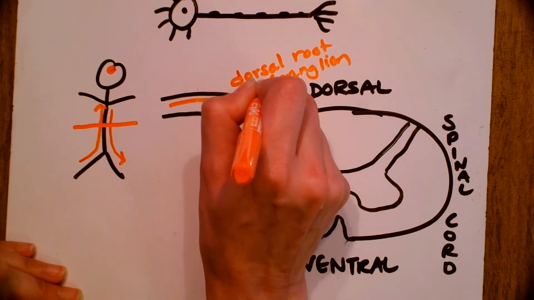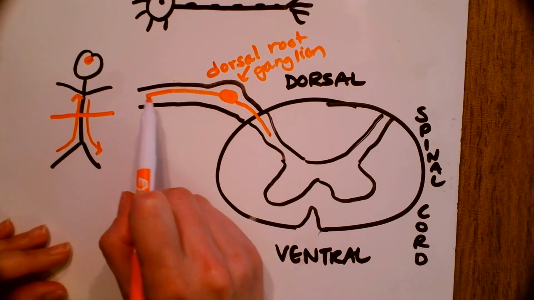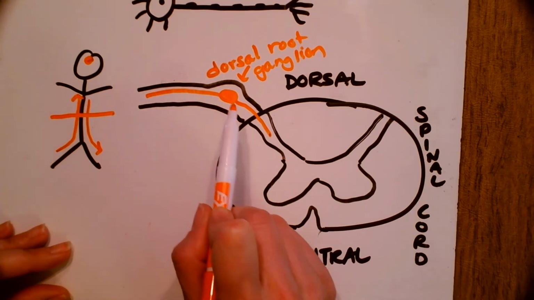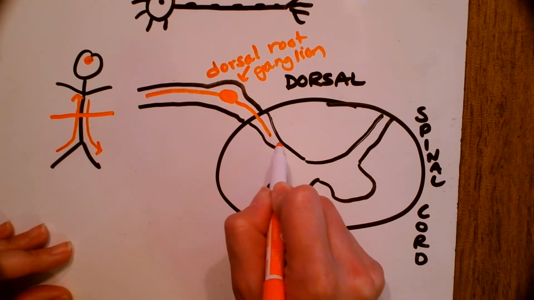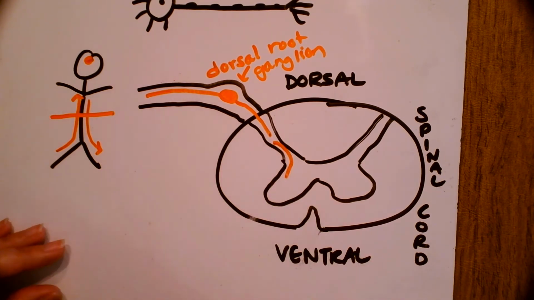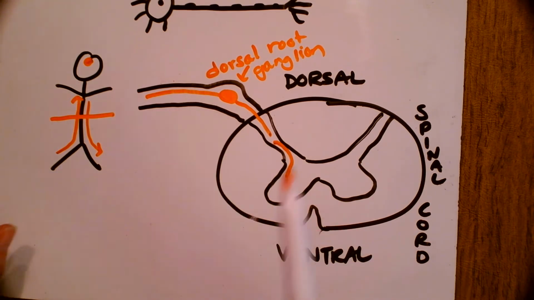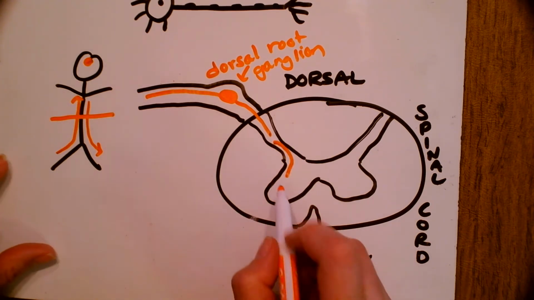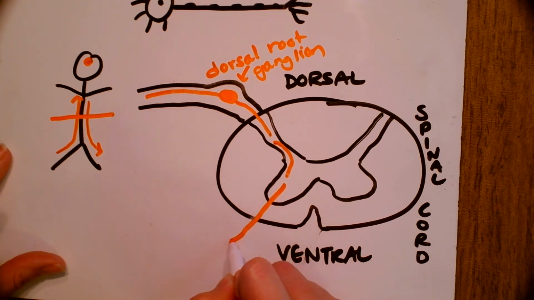So this bulge is the dorsal root ganglion. When the sensory neuron brings a stimulus inside the spinal cord, it's going to transmit that impulse at a synapse to an interneuron, and that interneuron can send a message up to the brain, and then the brain can send a message back down, another interneuron, and then it's going to leave the spinal cord from a motor neuron.